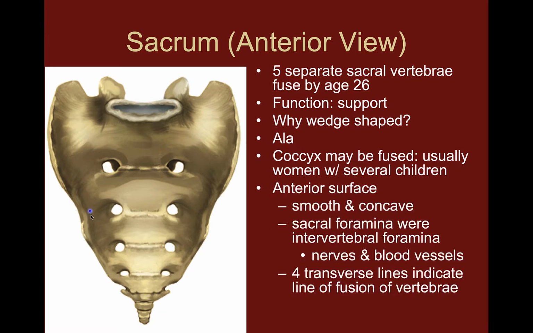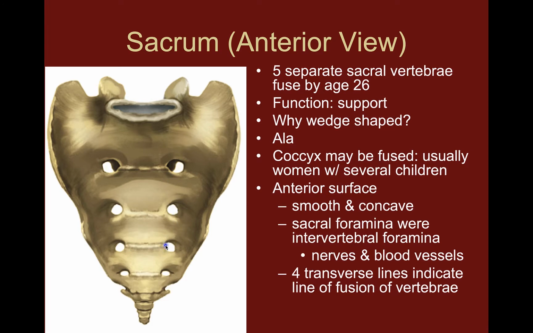Now, it's hard to determine on a PowerPoint because you kind of lose that 3-dimensional view, but this is why it's really important to go into labs and open labs. This anterior surface actually is a little bit curved, it's concave, and it's smooth. Now, our sacral foramina over here, these are the anterior sacral foramina.